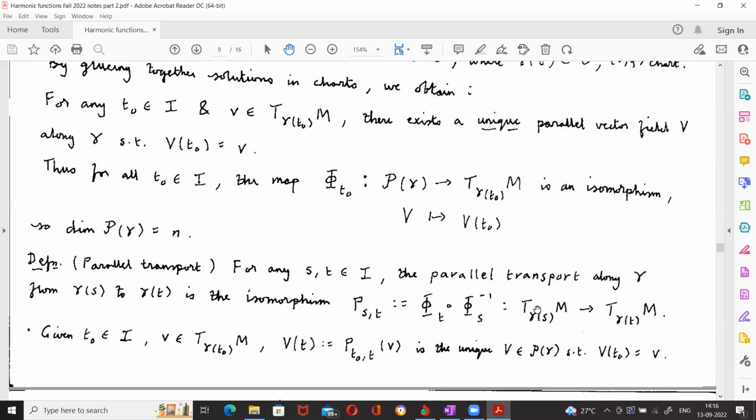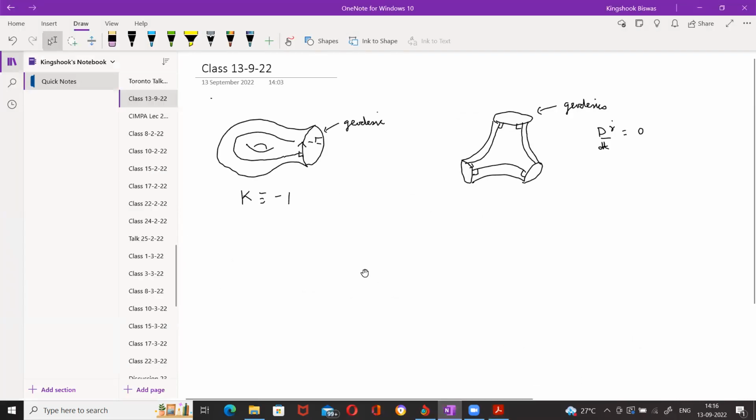So this gives an isomorphism from the tangent space at gamma(s) to the tangent space at gamma(t). Is this clear? Okay, so this is the picture.